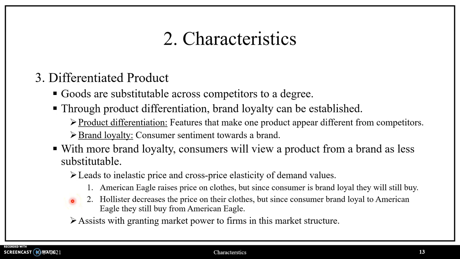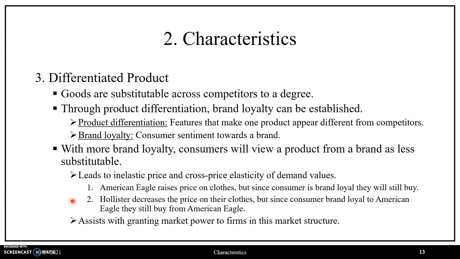On the other hand, considering the cross-price elasticity of demand with this brand loyal American Eagle consumer, say its competitor Hollister, who also makes clothing as a substitute good, decreases the price on their clothing. Since this consumer is brand loyal to American Eagle, they still purchase from American Eagle regardless of this price change from Hollister.